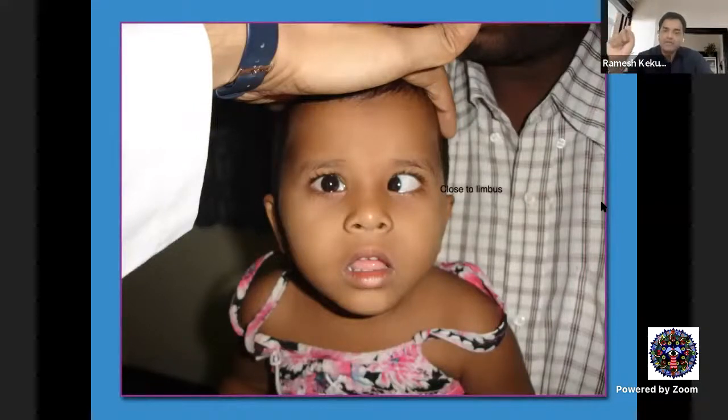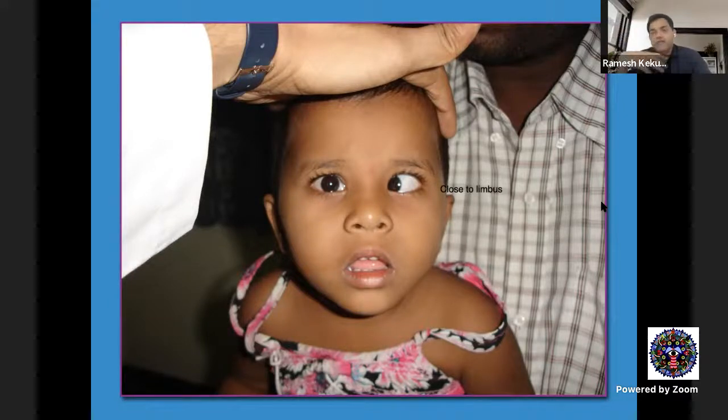The problem with this Hirschberg reflex is that sometimes if the patient has very large strabismus, the reflex falls on the sclera, and we may not be able to clearly see it. Even the Hirschberg reflex has to go beyond the limbus. That's what we are trying to calibrate: if it falls beyond the limbus, what is the amount of deviation? We are coming up with the algorithm. It's not so difficult. We can add another 15 degrees or so.